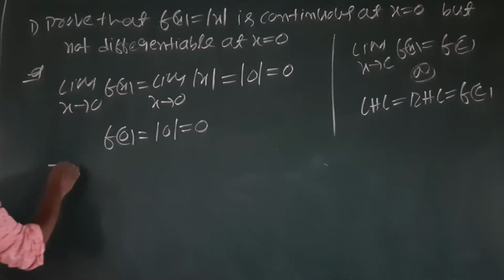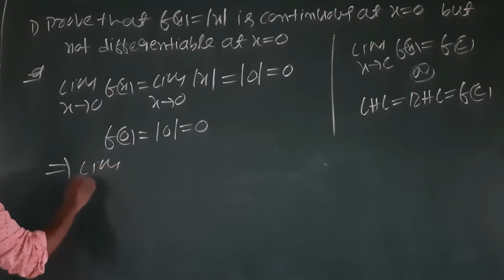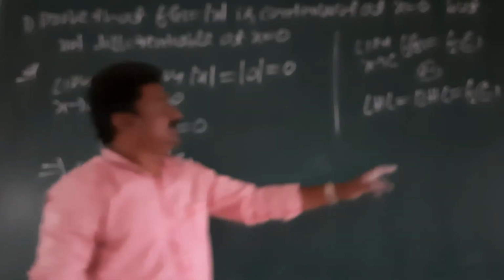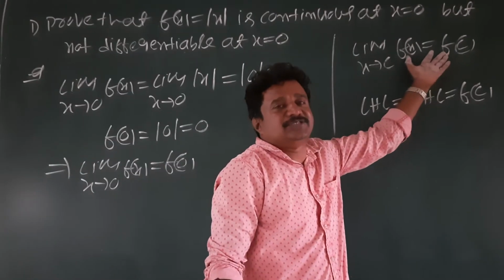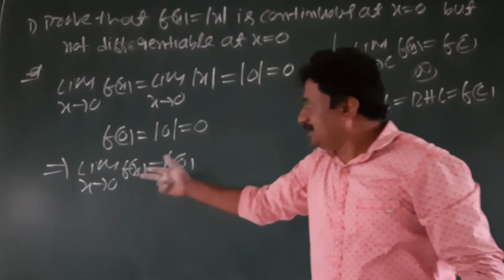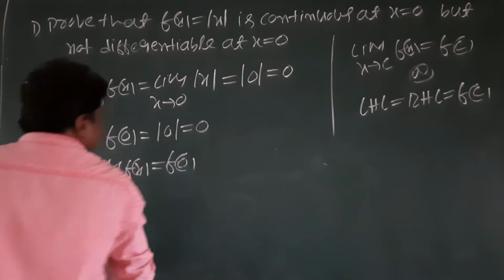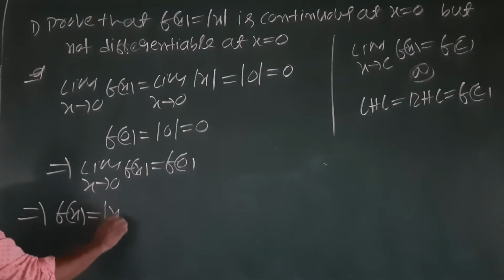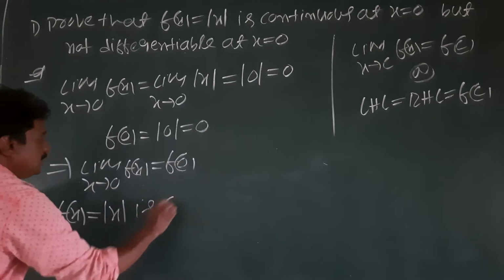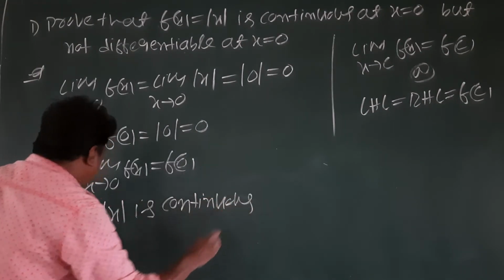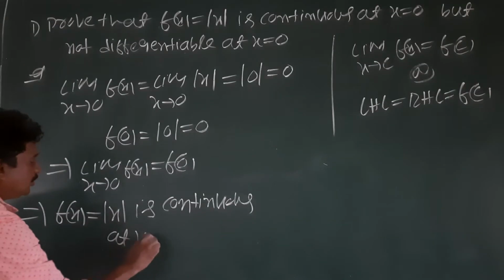That implies limit x tends to 0 of f(x) equals f(0). Look at this, students, this condition is satisfied. What does it mean? It is continuous. Therefore f(x) equals mod x is continuous at x equals 0.